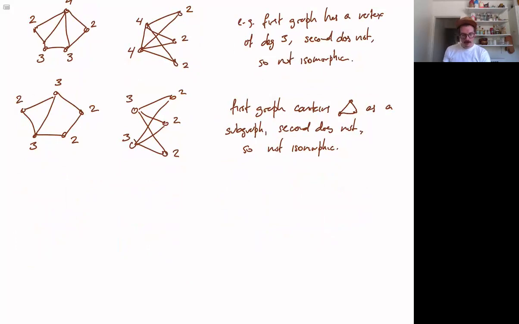So another thing we can do along these same lines is start talking about symmetry. Thinking about isomorphisms in this rigorous way gives us a rigorous way of talking about symmetry. So a symmetry of a graph is an isomorphism with itself.